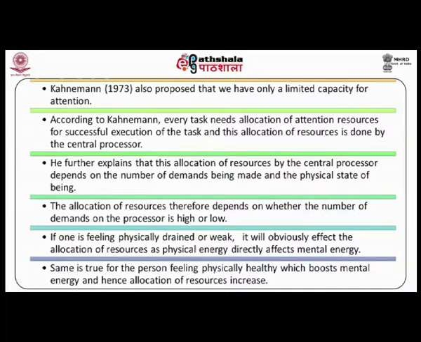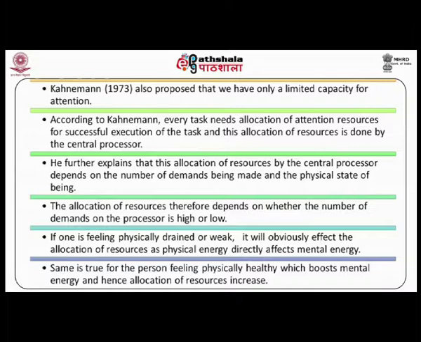Kahneman also proposed that we have only a limited capacity for attention. According to Kahneman, every task needs allocation of attention resources for its successful execution, and this allocation of resources is done by the central processor. He further explains that this allocation depends on the number of demands being made and the physical state of being.